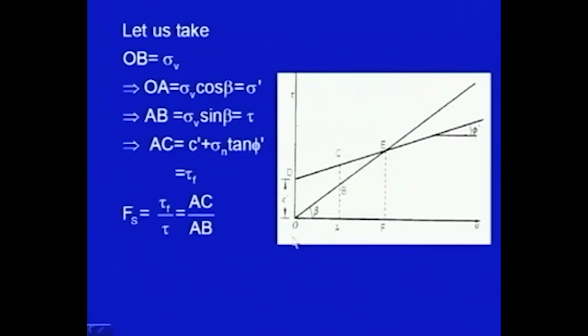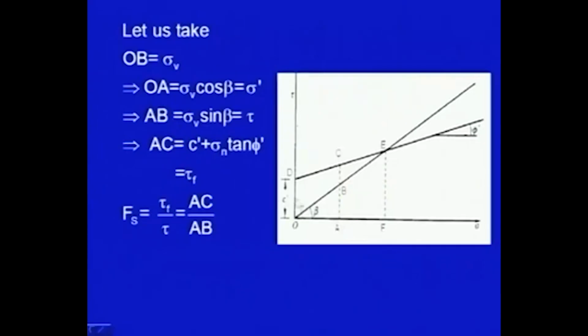Now, if I take one in this range, let us say I take a line AB and I represent this line AB by the vertical stress sigma V, then OA, this is the horizontal component, this is sigma V into cos of beta.